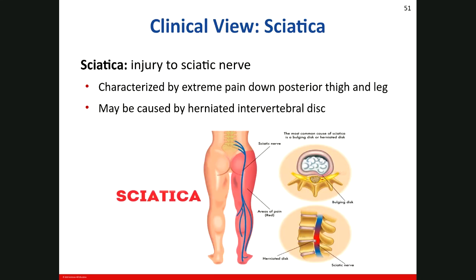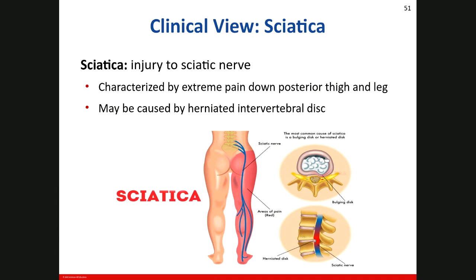And we have a problem which we call sciatica. Sciatica is the injury which we have to our sciatic nerve. This sciatica can happen when we have pressure on these parts of our sacral spinal nerve by our intervertebral disc.